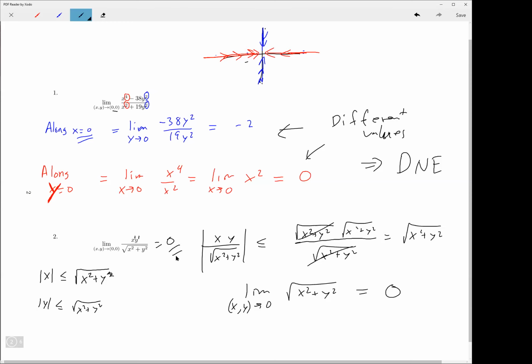So this is an example of doing some manipulation first, but it's also comparing. Okay, so this is using the limit definition.